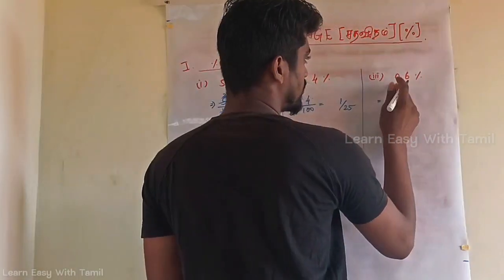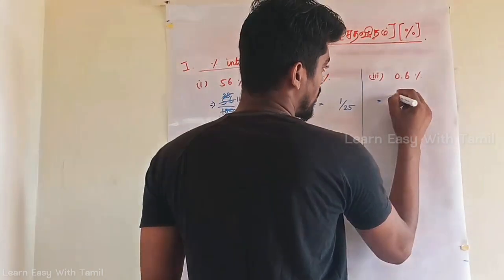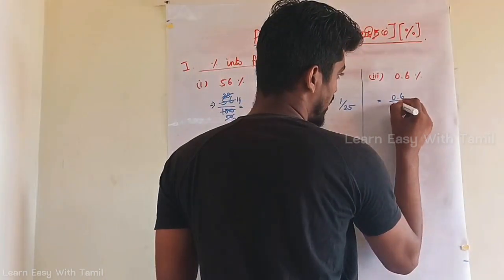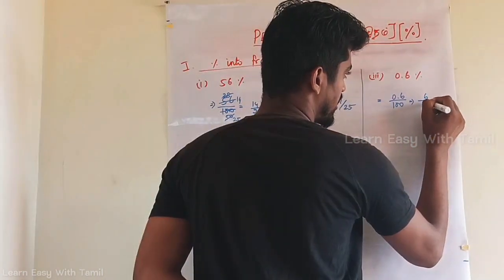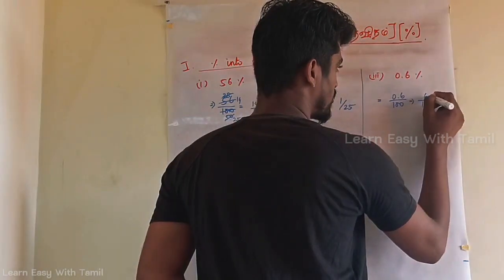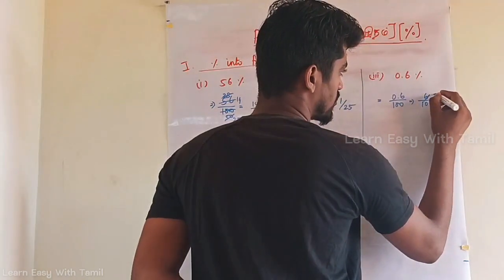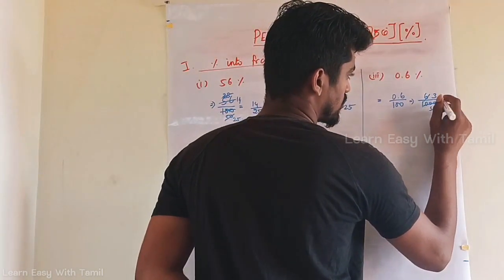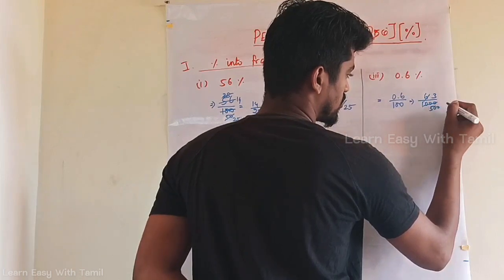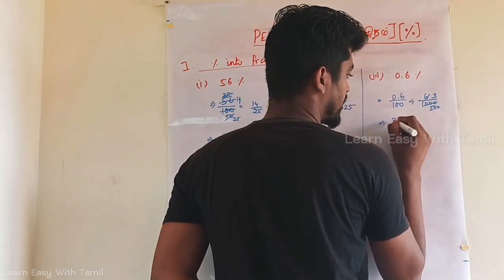Next, the third example is 0.6. 0.6 divided by 100 is 6 by 1000, which simplifies to 3 by 500.